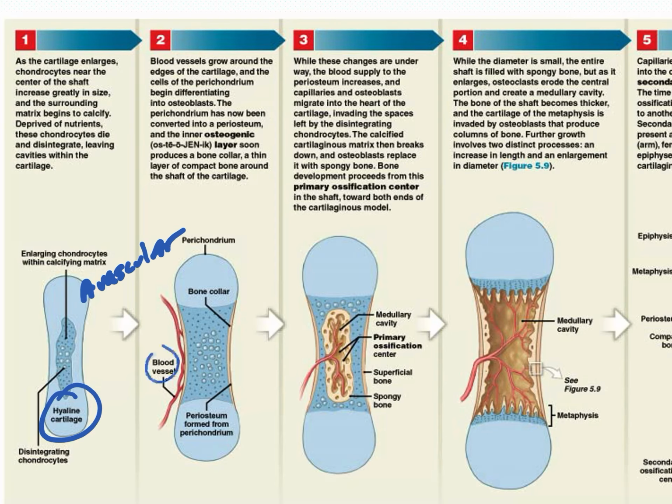So your blood vessels are going to start to come in. And when they start to come in, they're going to ossify. The first place where your blood vessels come in is called the primary ossification center. It's in the diaphysis, in the middle of the bone. And it's going to create bone from the middle out towards the ends, I should say.